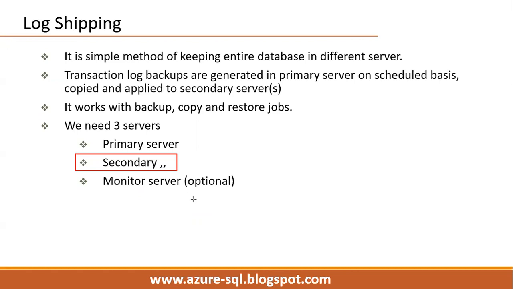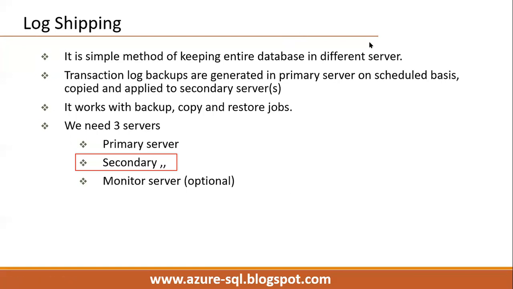Instead of granting permissions on the primary and secondary servers, if a monitor server is there, we just allow him to access the monitor server. Why? Because the backup, copy, and restore details are updated in the monitor server, so he can monitor from the monitor server itself. That is the monitor server, which is an optional server.